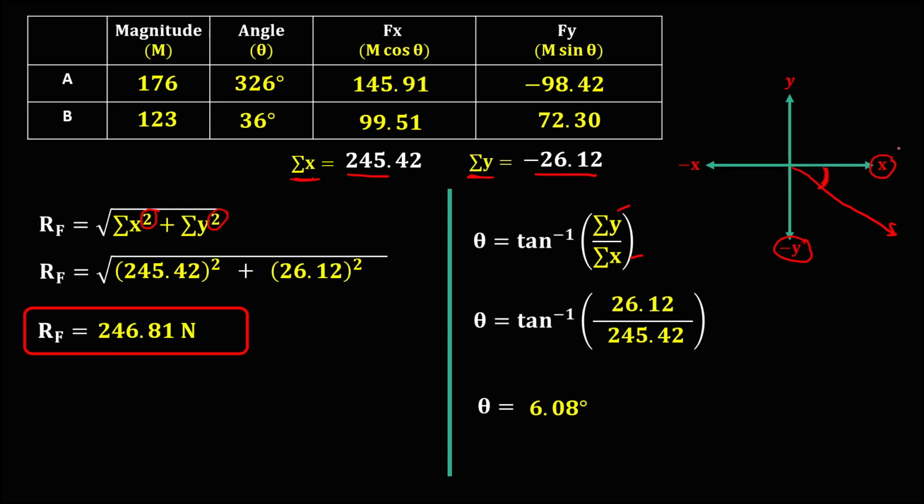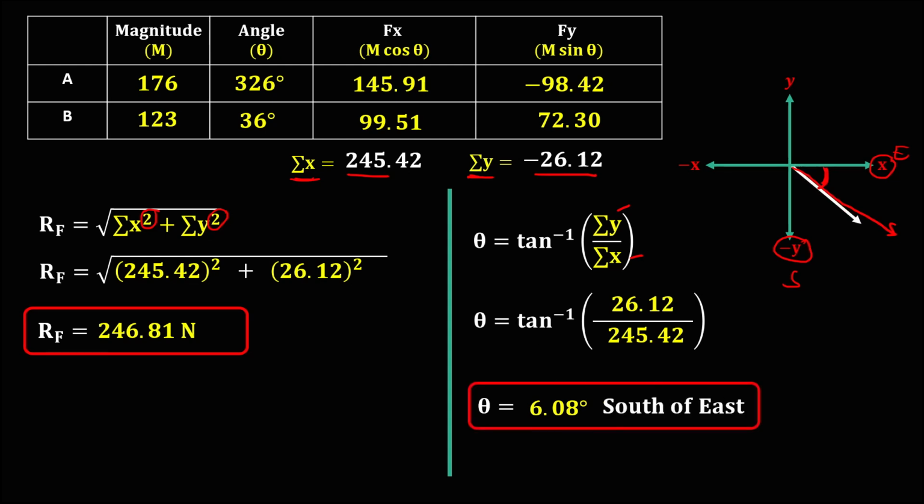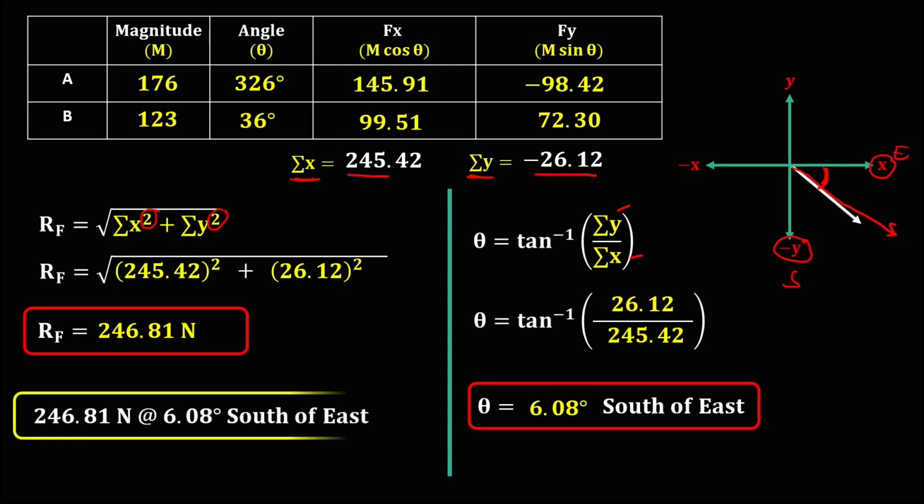So this one is east, this one is south. Therefore the direction of this vector is south of east. And the final answer, so we have 246.81 Newton at 6.08 degrees south of east.